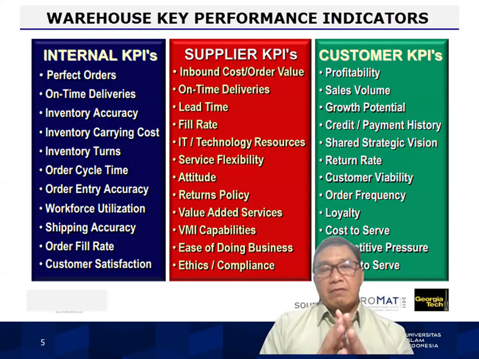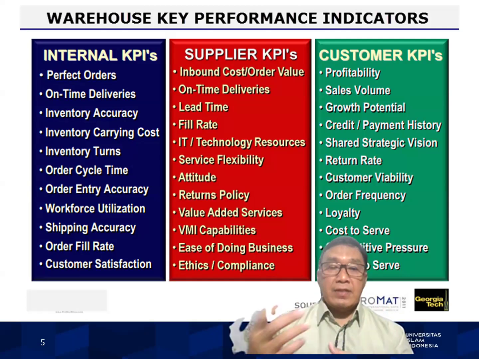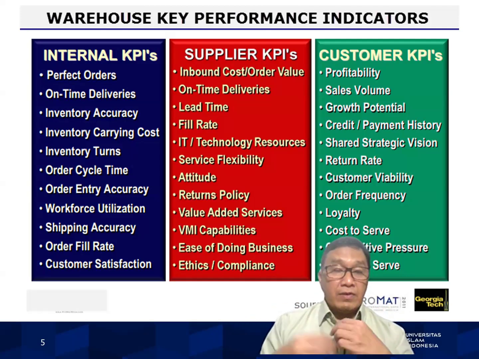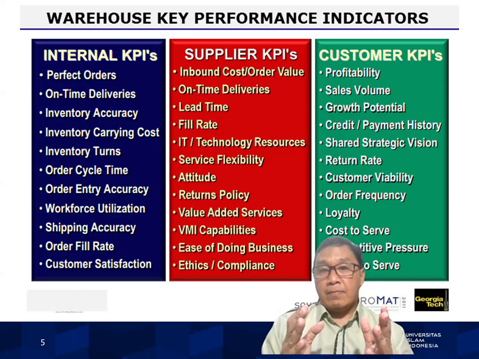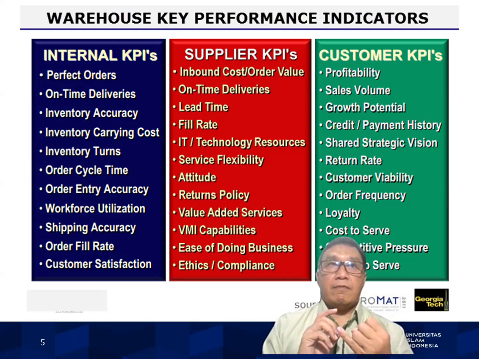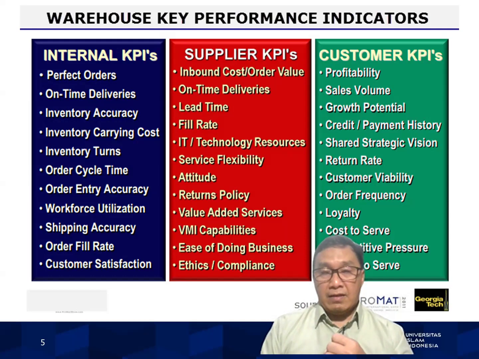Maybe we can discuss some of them. Perfect orders means that there is no gap between what we order and what we receive. No gap in terms of the type of the orders or the quantity of the orders. That's perfect orders.